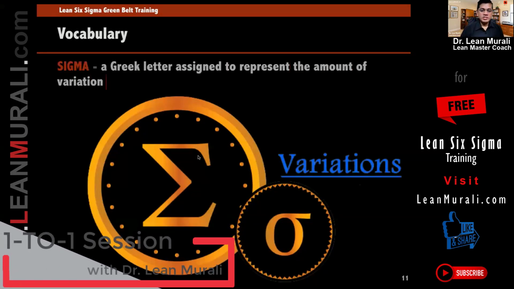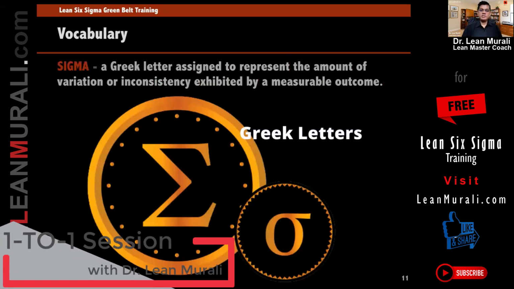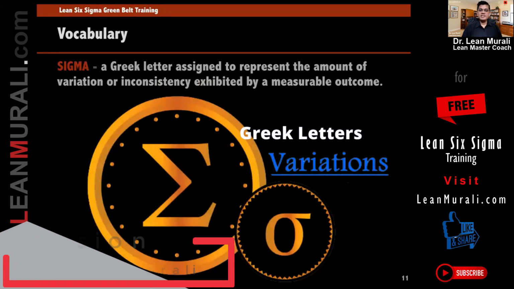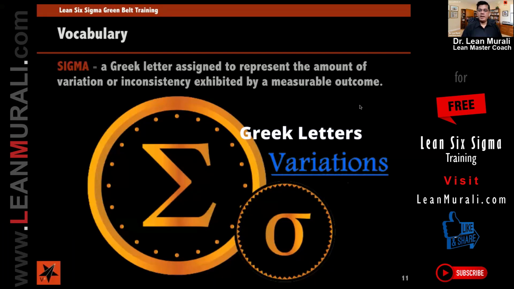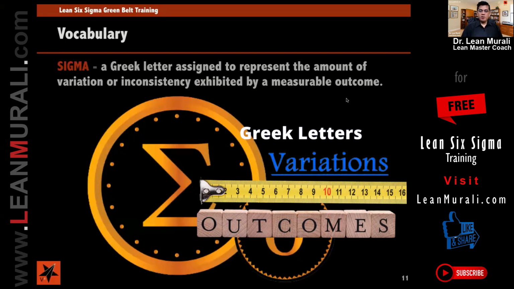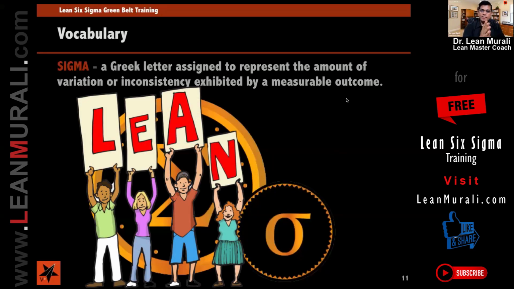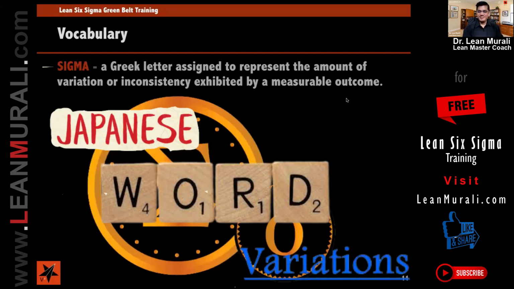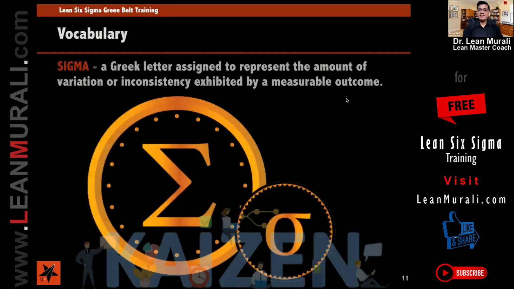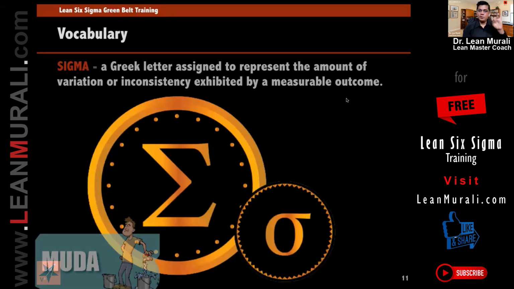This is a Greek letter assigned to represent the amount of variation or inconsistency exhibited by a measurable outcome. Let me bring in lean terminology here. What is the Japanese word for variation? In Kaizen, we use the 3M: Muda, Mura, Muri.